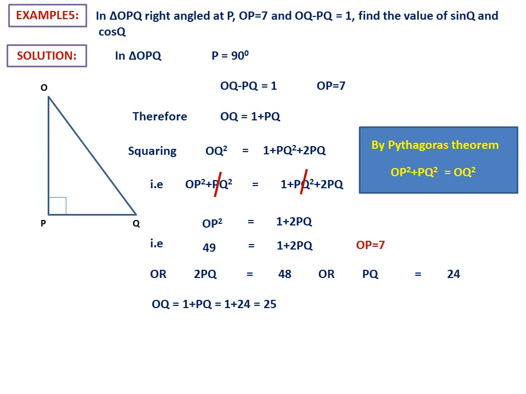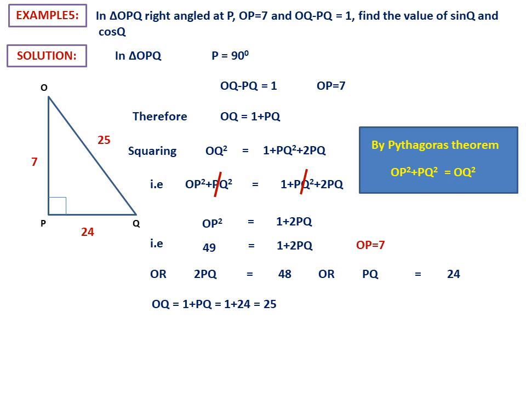Now what is OQ? OQ is equal to 1 plus PQ. Therefore substitute PQ, so 1 plus 24, 25. Now we have these things. Look here. OQ is 25. Then OP is already given, that is 7. And PQ, we have determined it already, 24. So all the three sides are known.